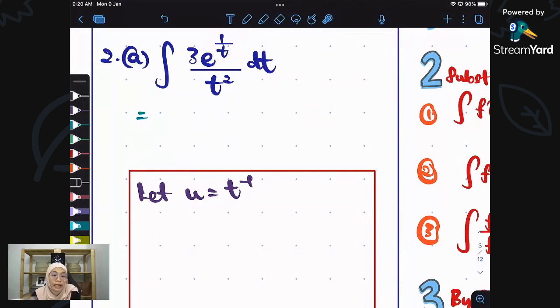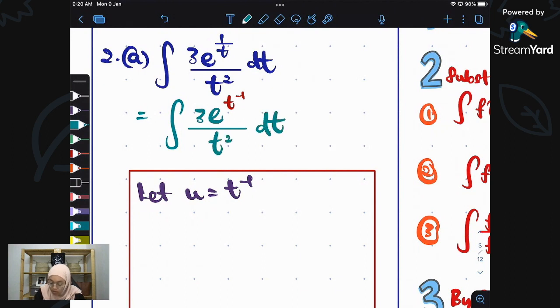Easier to differentiate later on. That's why I change this power into t to the power of negative 1. The rest I just copy paste, the rest does not change.